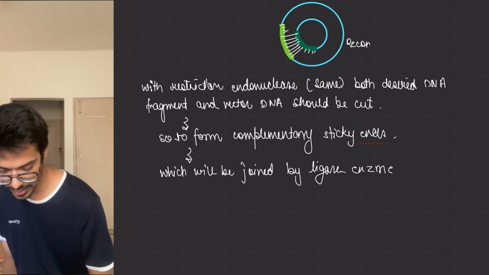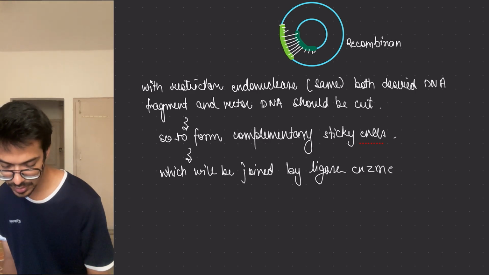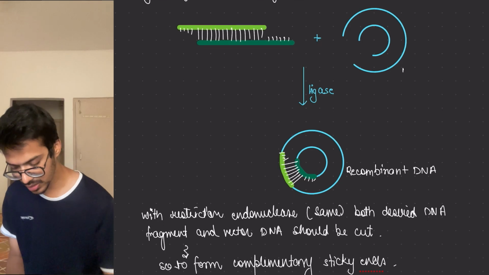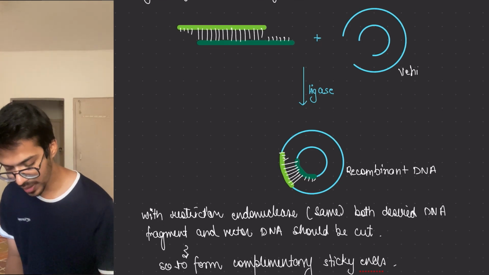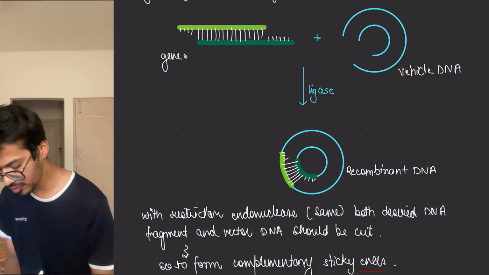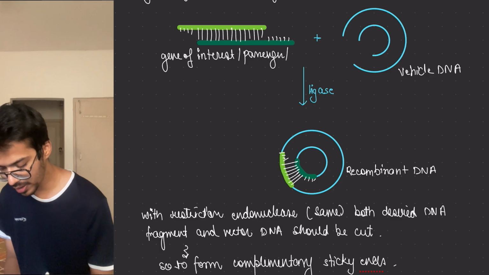And this is what? It is the recombinant DNA. Okay, so this is what? This is the vehicle DNA. This is the gene of interest, or it is also called what? Passenger DNA, or it is also called what? Alien or foreign DNA.